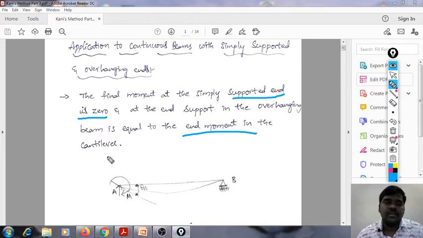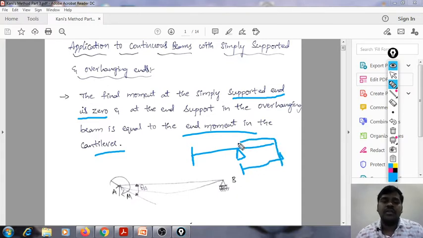So where did the cantilever come from now? Because if this is an overhanging beam, this part can be considered as a cantilever, and if we find the moment of this part, that will be considered as the final moment for an overhanging beam.